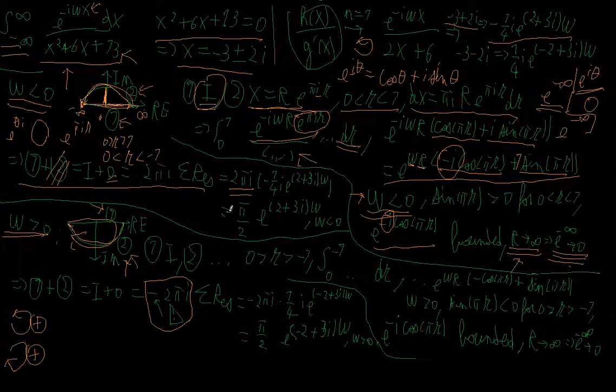If we rearrange that, we get pi over 2 times e to the 2 plus 3i omega, and remember, omega is assumed to be negative. That is highly important. You can already see that there is a 2 here, so the 3i we don't care about because it is again e to the theta i, but we have e to the 2 omega, and omega is negative, so it's e to the minus something, and that's already a good sign because it means the thing converges.